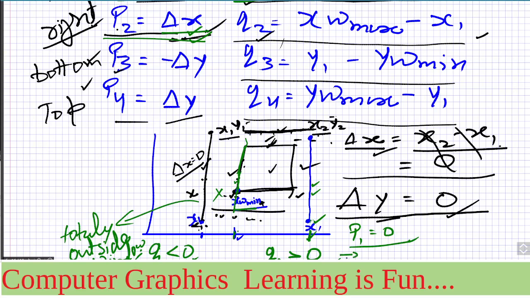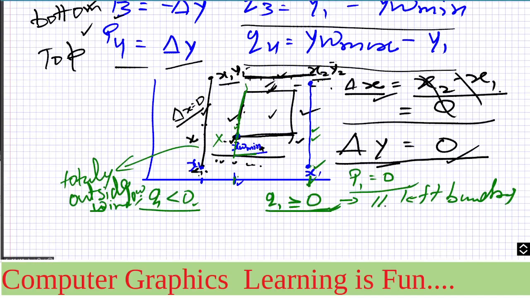In that case we understand that it is parallel to the left boundary, but it is only on the right side of the clipping window's left boundary.